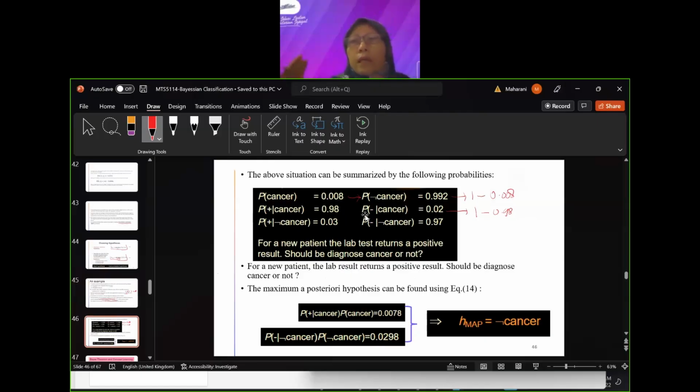It means the probability of negative with condition cancer is very small. On the other hand, if the patient didn't get cancer and then takes the test, the chance that the test is negative is 0.97 according to this story.